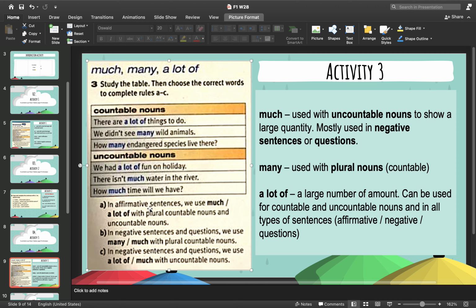Okay, dalam ayat affirmative, kita pakai much ataupun a lot of dengan nouns yang boleh dikira ataupun tak boleh dikira. Kita nak pakai mana? Much ke a lot of? Okay, please refer to this formula before you select the answer. Okay, rujuk formula ini.